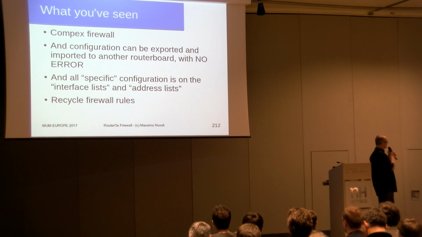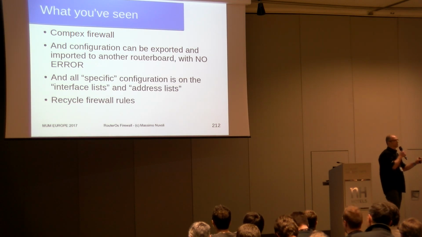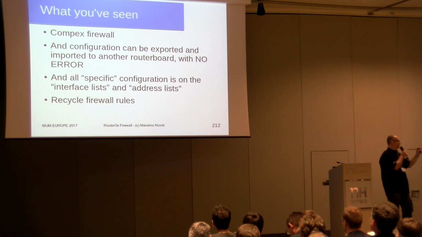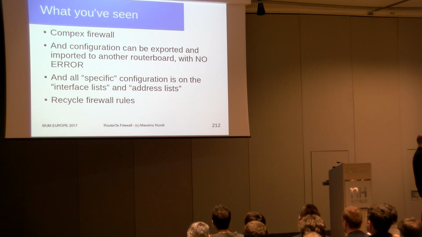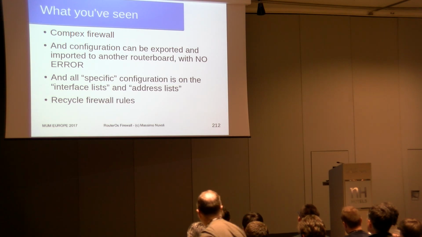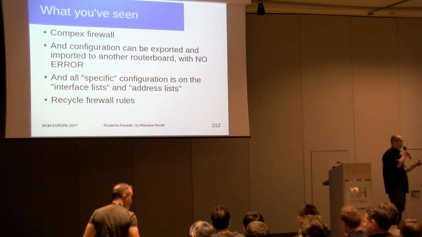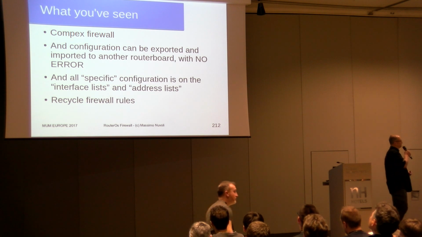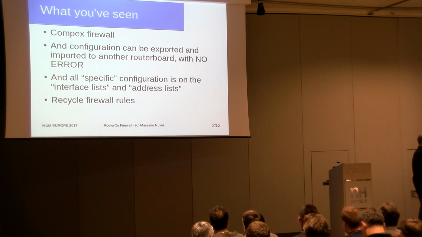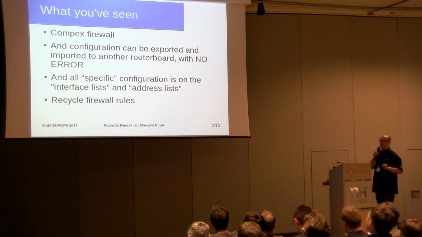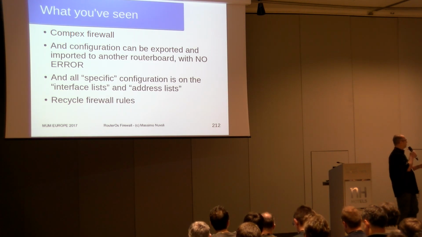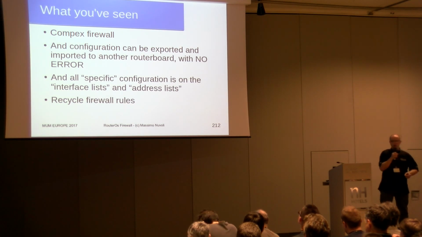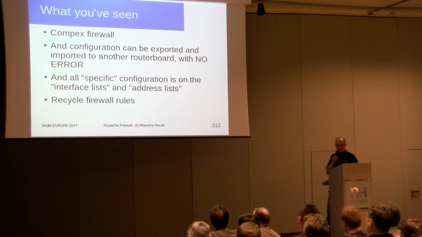Specific configuration, such as an SSH filter, ICMP filter, or other kinds of configuration, can be cut and passed from one device to another without errors. It is very important. The last line is recycle firewall rules, because today if you write a rule with a specific configuration, you must write it from scratch on another device. This is the goal. Now, to the start.